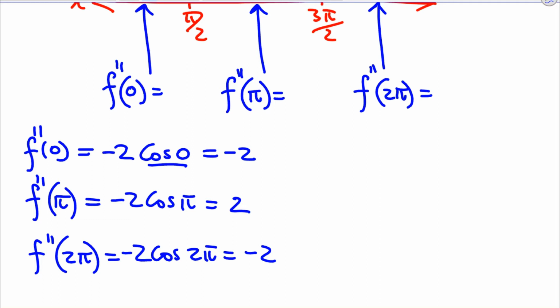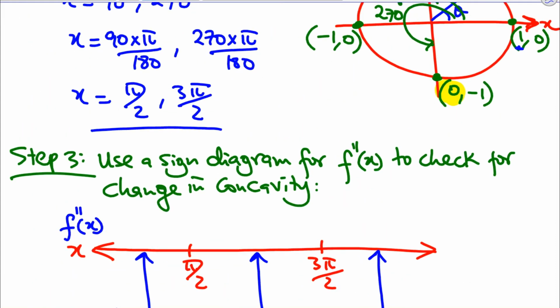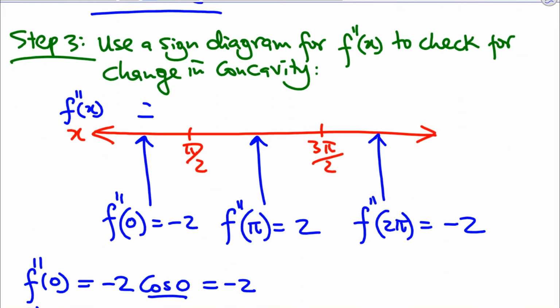So what we have is negative 2, 2, and negative 2, which means negative, positive, and negative. So that means that concavity changes at x equals pi over 2 and at x equals 3 pi over 2. Hence, this function has 2 points of inflection.